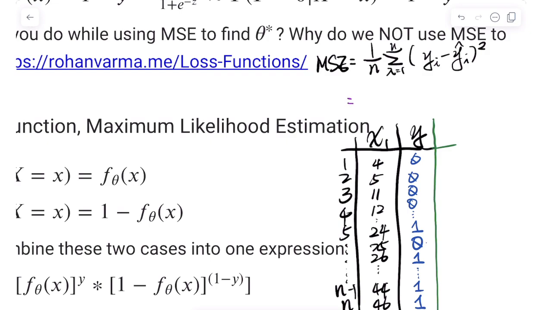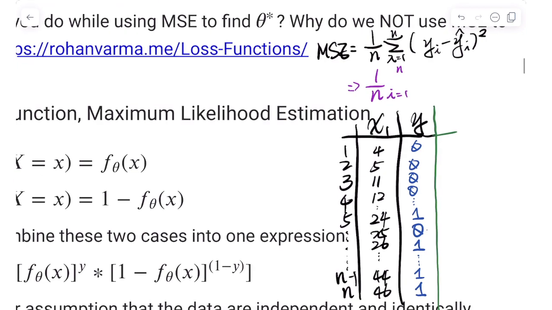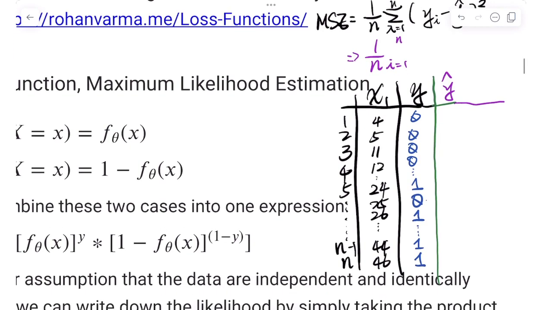Again, we go over the entire data, but you have to take a look at this value, because the shape we define right here is an S shape. It is a continuous shape, so it cannot output 1 or 0 directly.